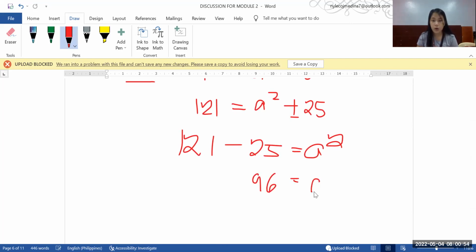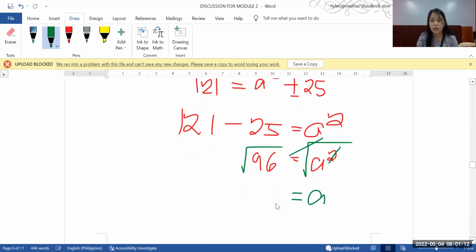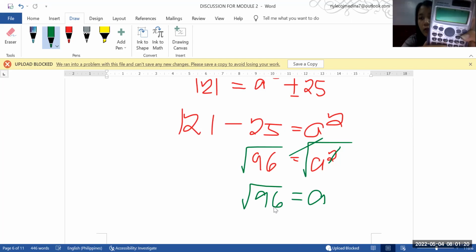So ni 96 tayo, A squared pa lang. Kailangan natin si A. So again, para maalis ang square, i-square root natin. So A is equal to square root of 96. If hanapin nyo ulit using our calculator, it is square root of 96, okay?